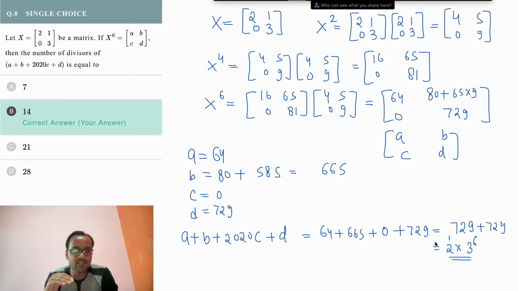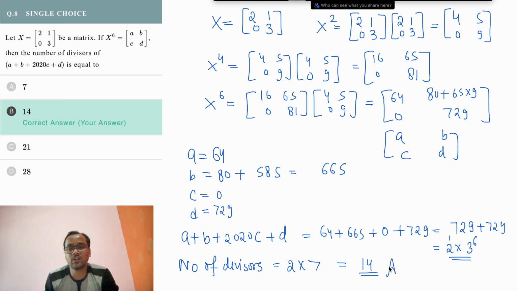So just increase them by 1 and multiply. Here the exponent is 1, so write 2. Here the exponent is 6, then write 7 and multiply them. That will give you the number of divisors. So the number of divisors will be 14. So that's the answer for this question.